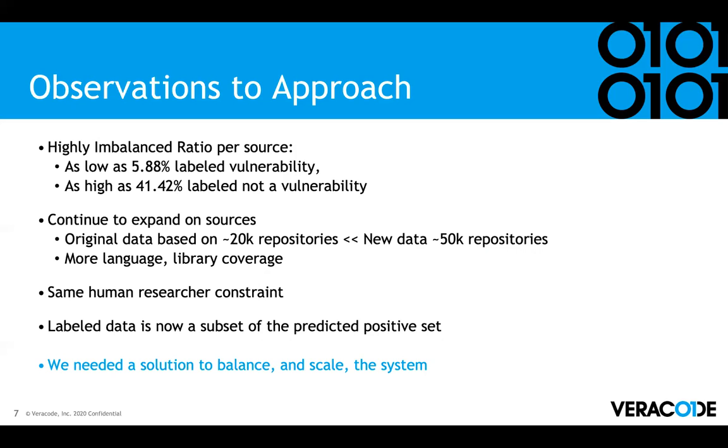We have added more repositories and languages, to increase our library coverage while having the same human researcher constraint. We have also noted that the newly labeled data, which were labeled vulnerable, has become a subset of the predicted positive dataset. So we needed a solution to balance and scale the system.